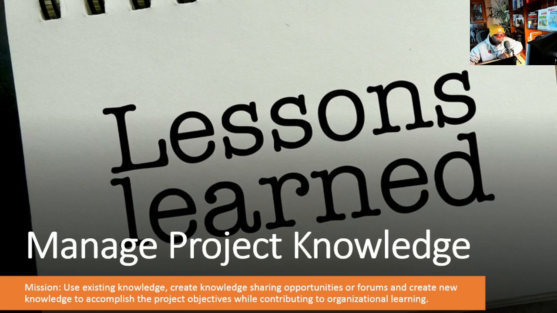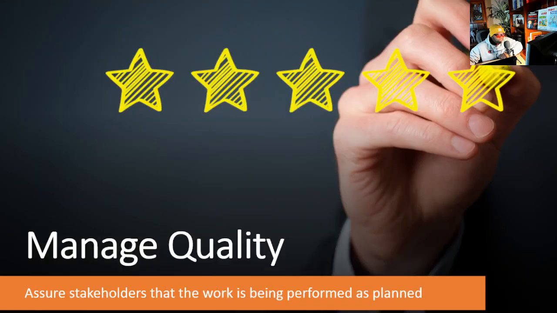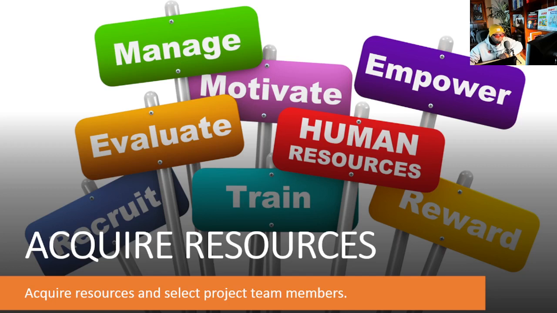Let's go to our next one. The next one here is called manage quality. What are we doing here? We are assuring stakeholders that the work is being performed as planned. That takes us to the next one, acquire resources. What are we doing here?